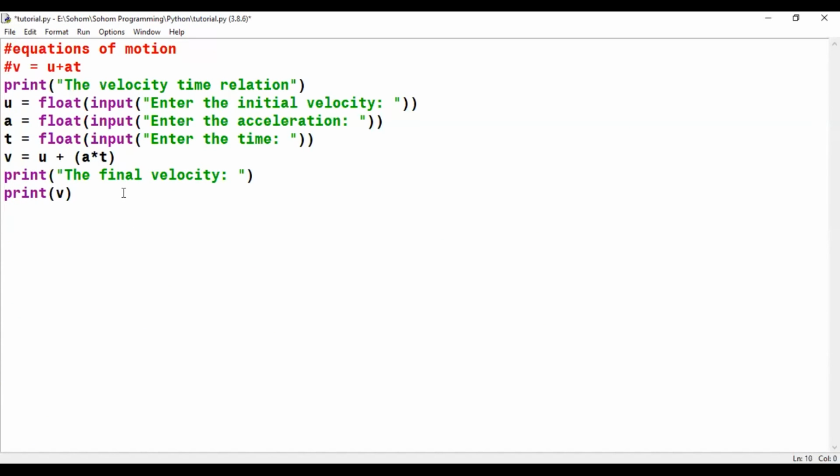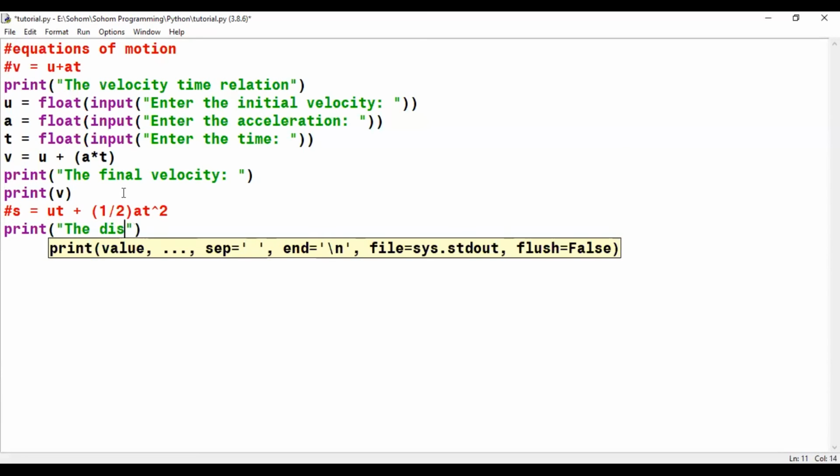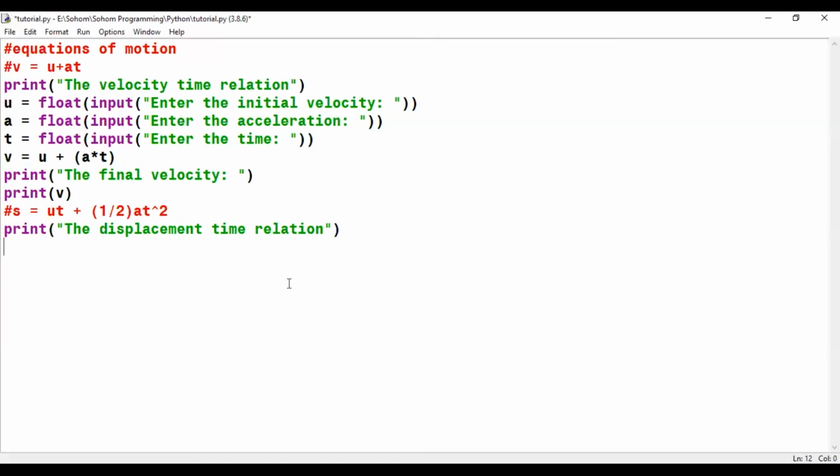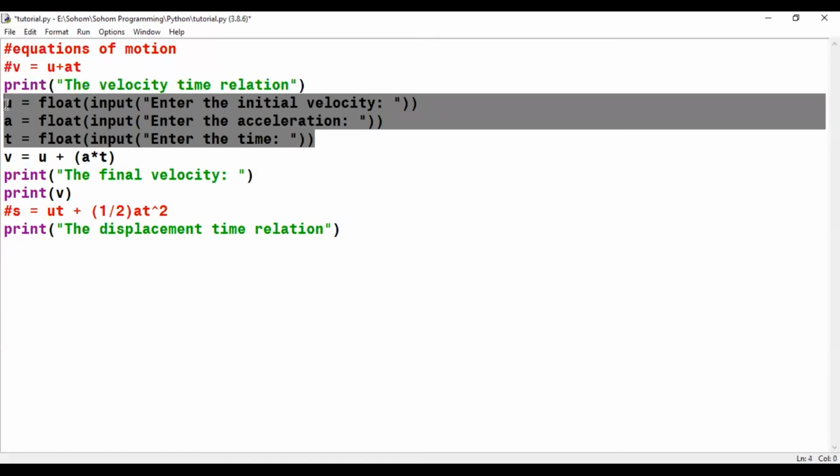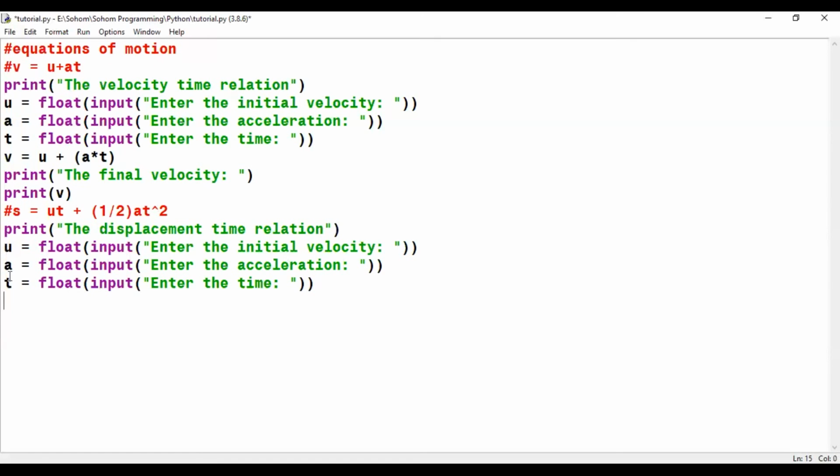So I can write the next thing. For example, s is equal to ut plus half at square, this one, and I'm going to print the displacement time relation. Again, I'm just going to take this one only, and you can see here the initial velocity, acceleration, and time. I'm going to write the equation here.